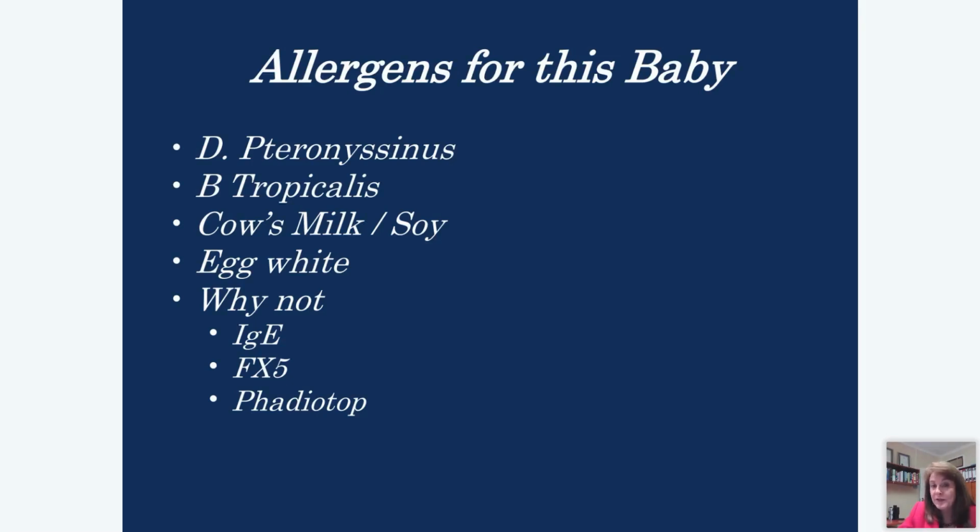We do find it in Gauteng. I've been living and practicing on the East Rand for 25 years, so we did see Blomia tropicalis there. But now this baby is living in George near the coast in a very damp area, so it would definitely be important. And it does not cross-react with the other two. So a dust mite mix or only D. pteronyssinus is going to miss Blomia tropicalis.